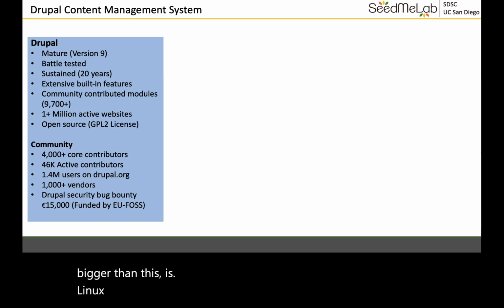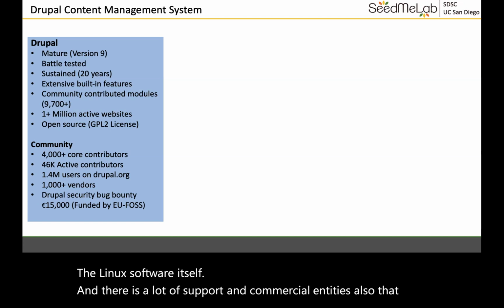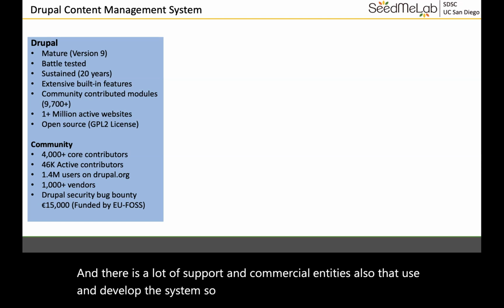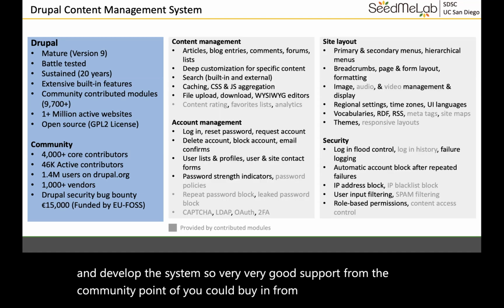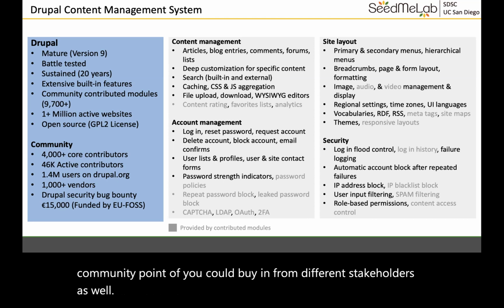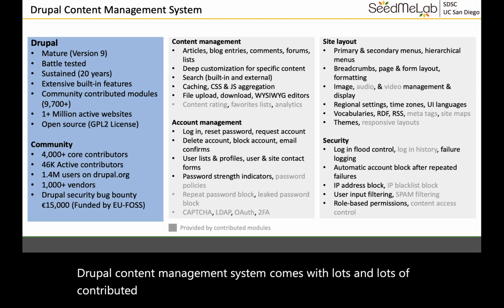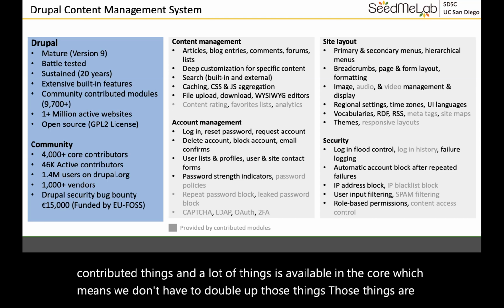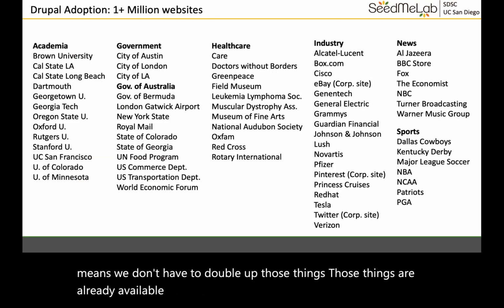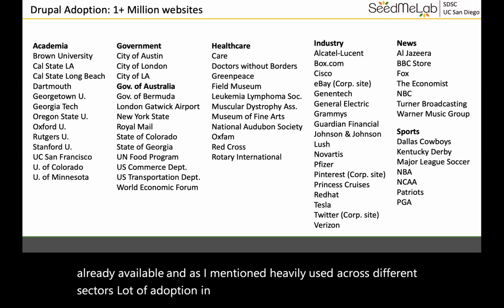And there's a lot of support and commercial entities also that use and develop the system. So very good support from the community point of view, good buy-in from different stakeholders as well. Drupal content management system comes with lots and lots of contributed things, and a lot of things are available in the core, which means we don't have to develop those things. Those things are already available. And as I mentioned, heavily used across different sectors, a lot of adoption in academia, government, and so forth.